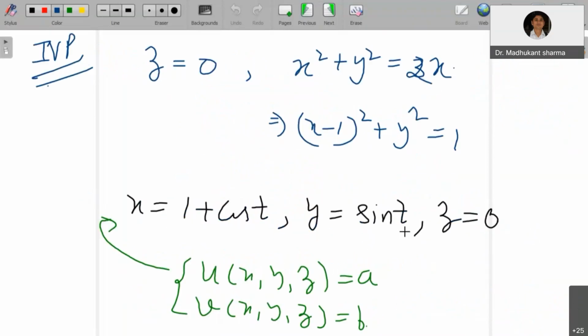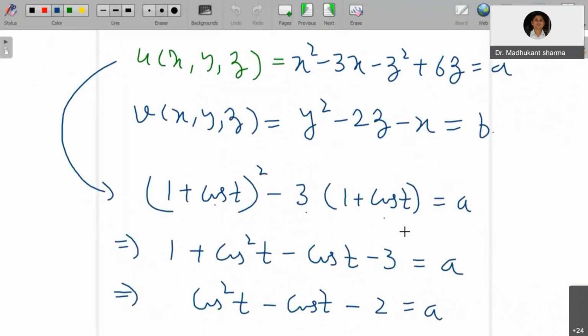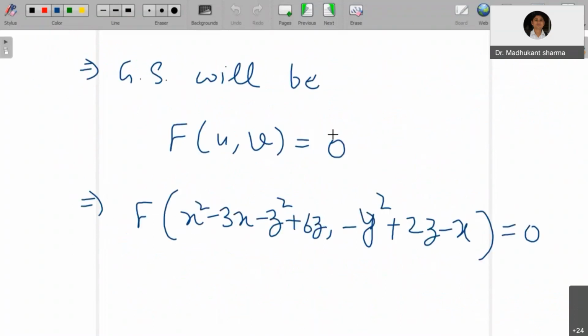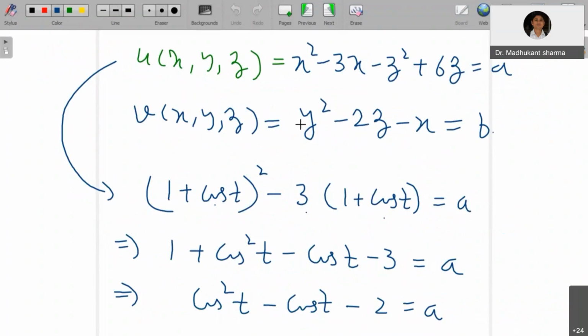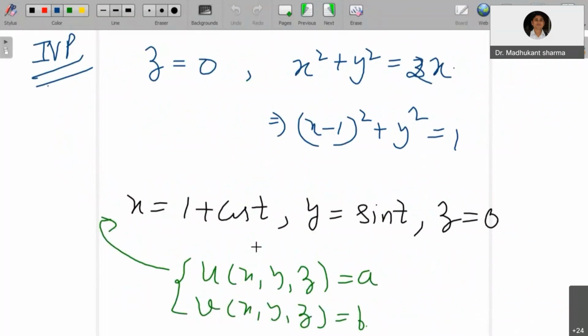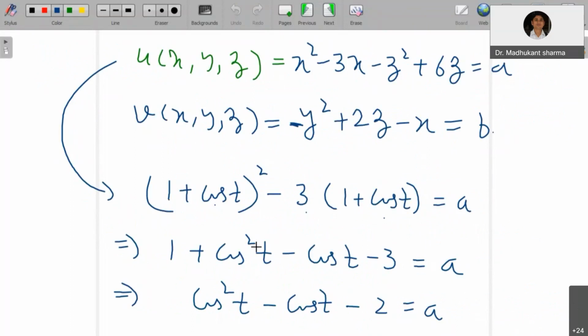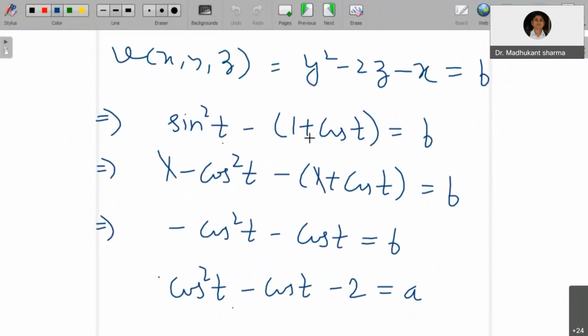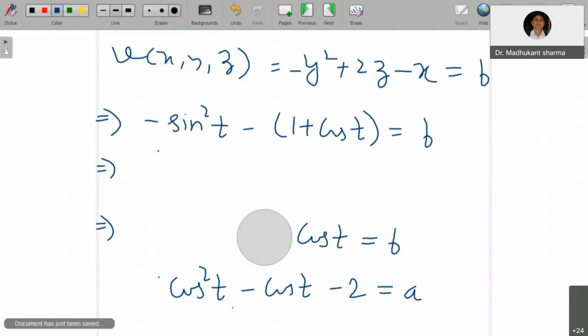Now here is minus x, so here is minus plus. Right, so here is minus y square plus. So we have made a mistake here, so let's correct it first.